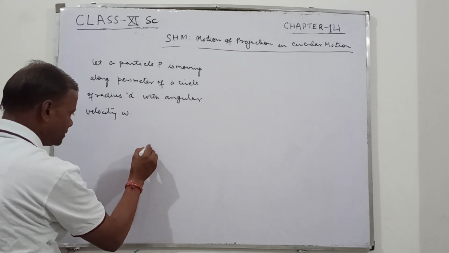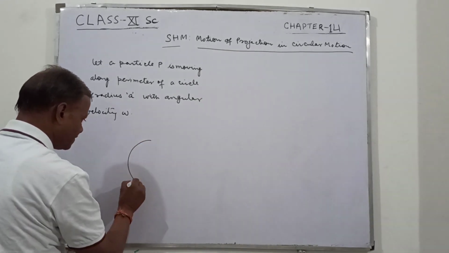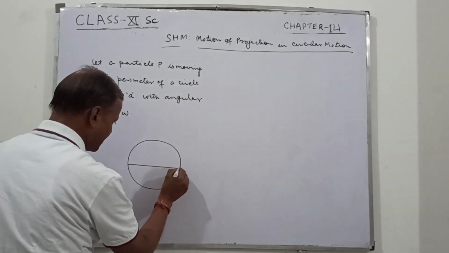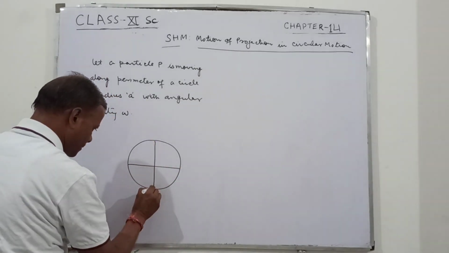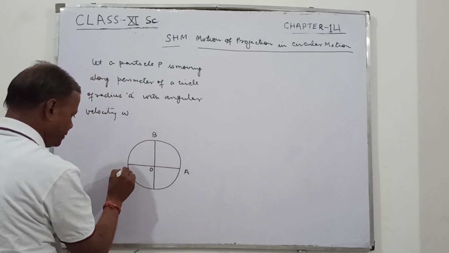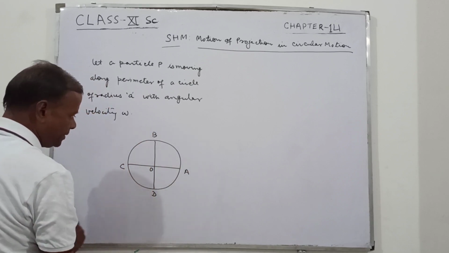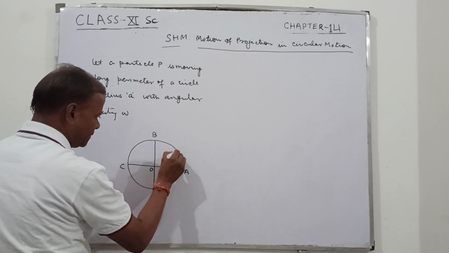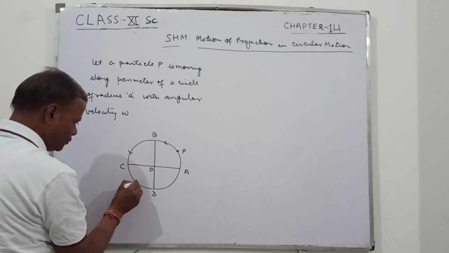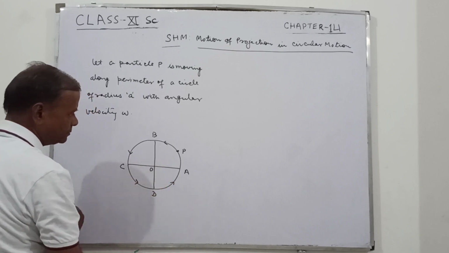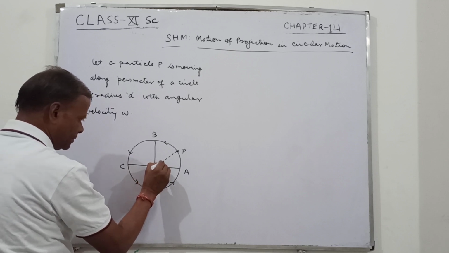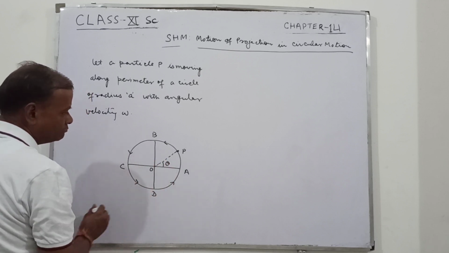So we say that this is the circle, this is the center, this is the point A, B, C and D. This is the particle P and it is moving along this perimeter, and this is the angle theta.